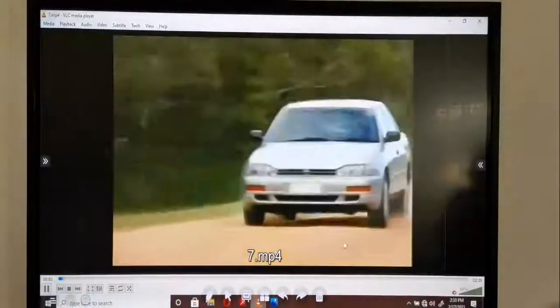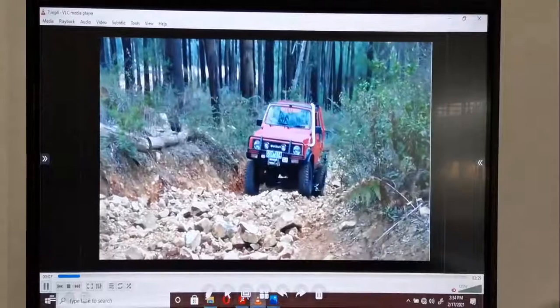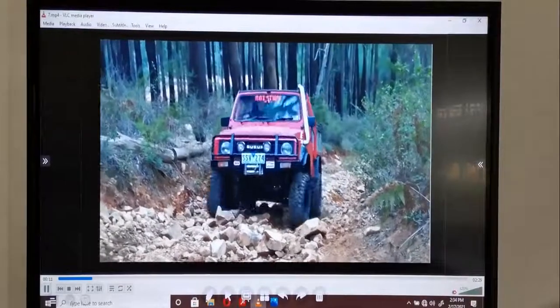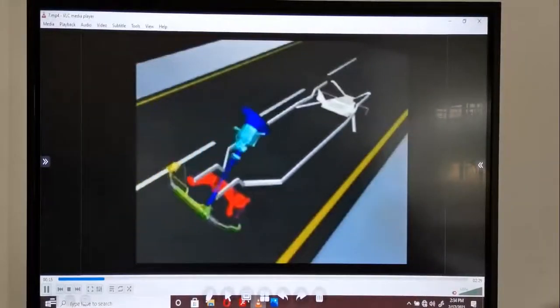you see a video about the whole suspension system. So this is the off-road vehicle. Now you can see how important the suspension system is.